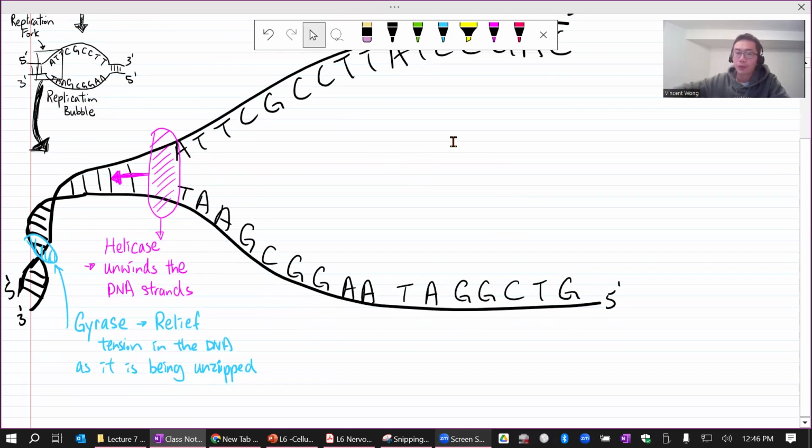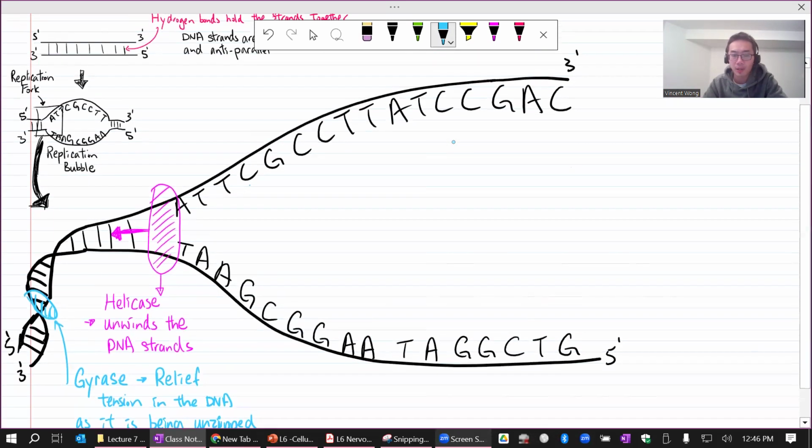Now, the two strands of DNA here are actually attracted to each other. Right? The C wants to connect with the G again, and the T wants to go back to the A. So there is an attraction between the two strands that would cause them to come back together. But we don't want them to come back together.